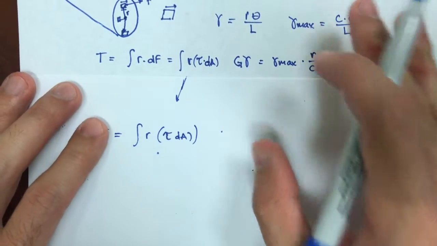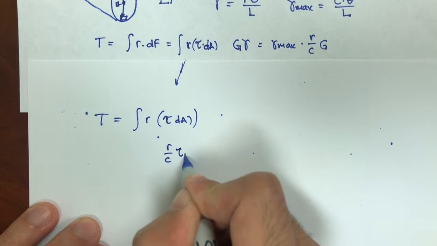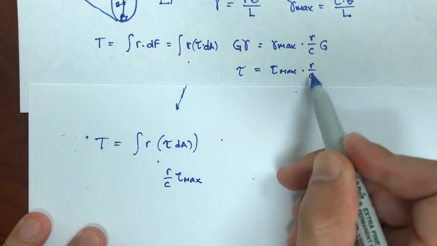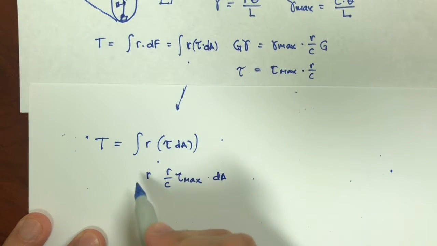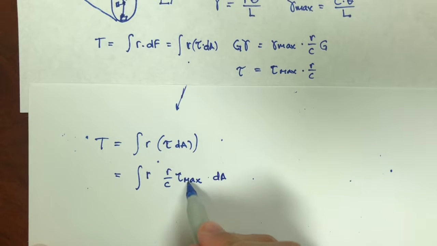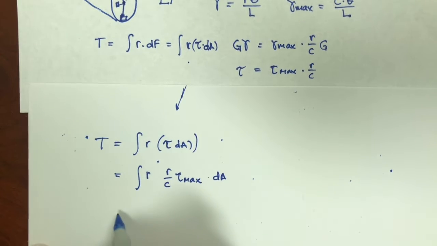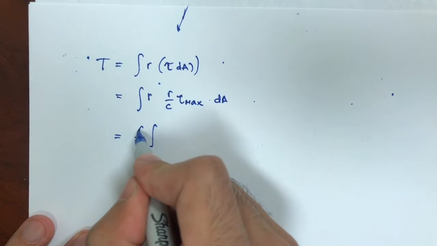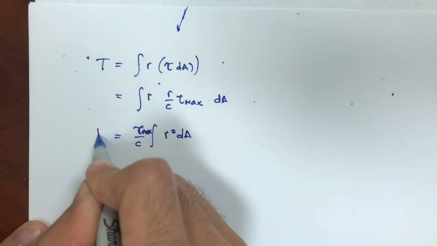But what I know is that tau can be written as R over C times tau max, which is what I just wrote here. So instead of tau, I do tau max R over C, times the area, times another radius that I had outside the parentheses. And since tau max on the surface is constant and C is just the maximum radius of the cylinder, which is also constant, I can just write this as the integral of tau max over C times R squared dA. And that would be the torque.